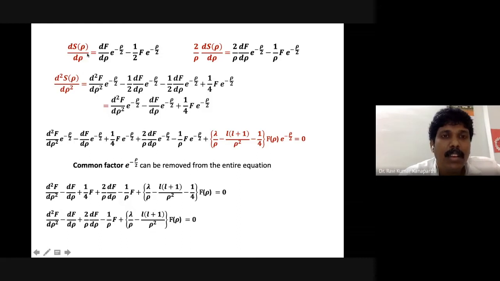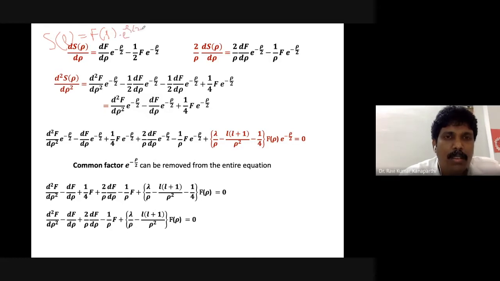Wherever capital F is there, please remember that it's a function of rho. So s of rho is equal to f of rho multiplied by e to the power minus rho by 2.